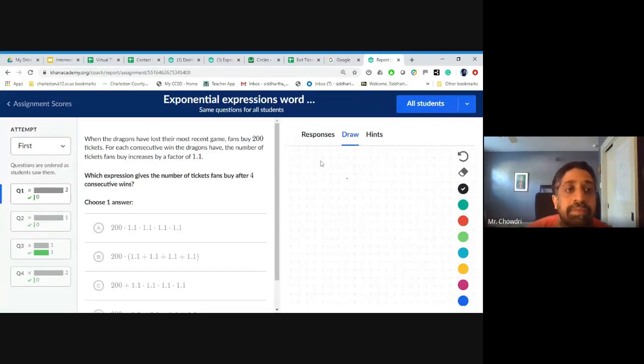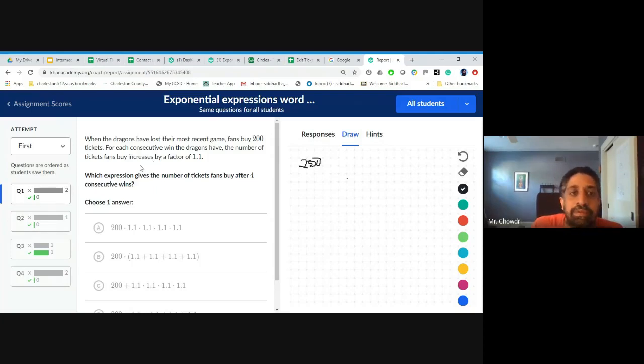So we are going to look at this problem. When the Dragons have lost their most recent games, fans buy 200 tickets. So we know we got 200 tickets. And for each ticket, the number of fans that buy increases by a factor of 1.1.